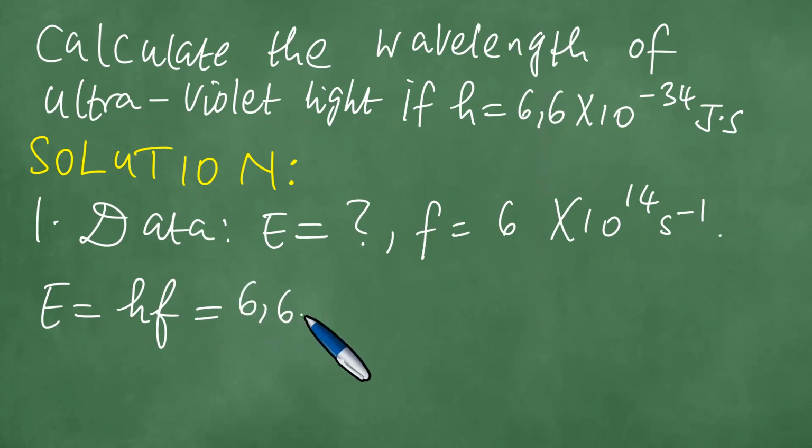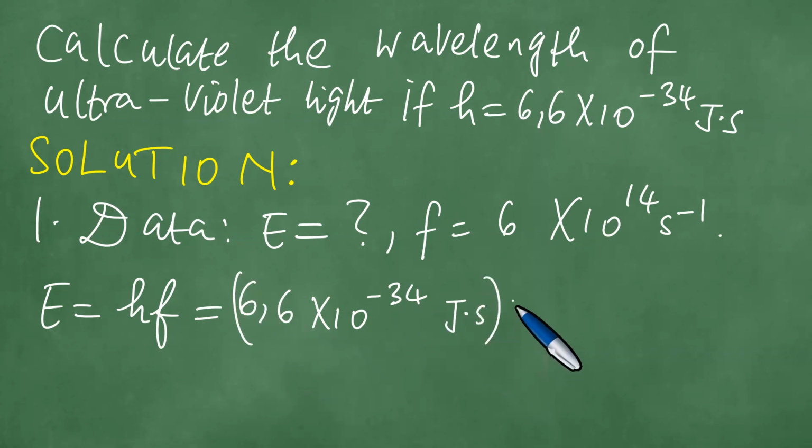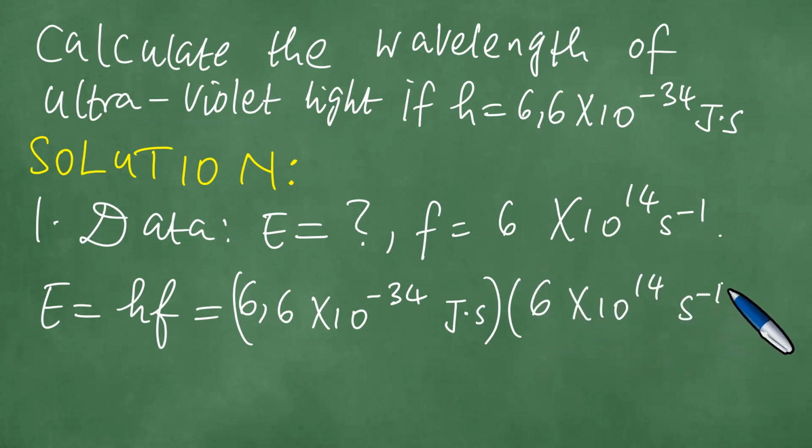Good. 6,6 times 10 to the minus 34 joules second. Now F is 6 times 10 to the 14 per second.